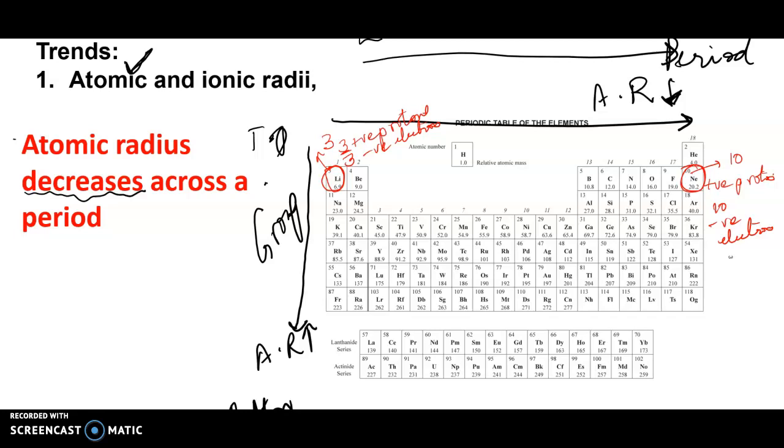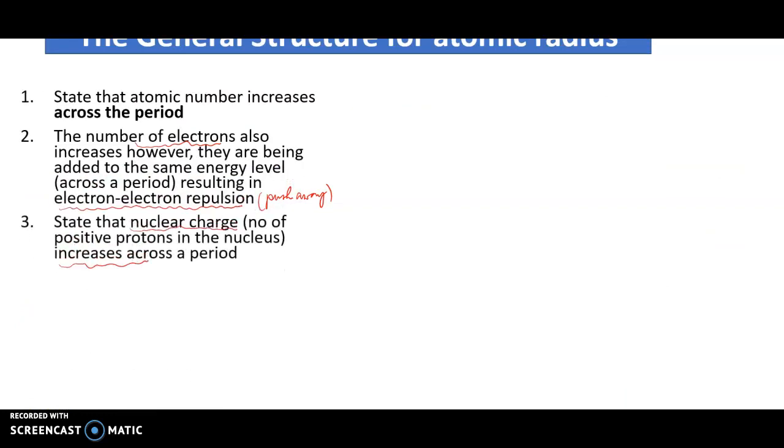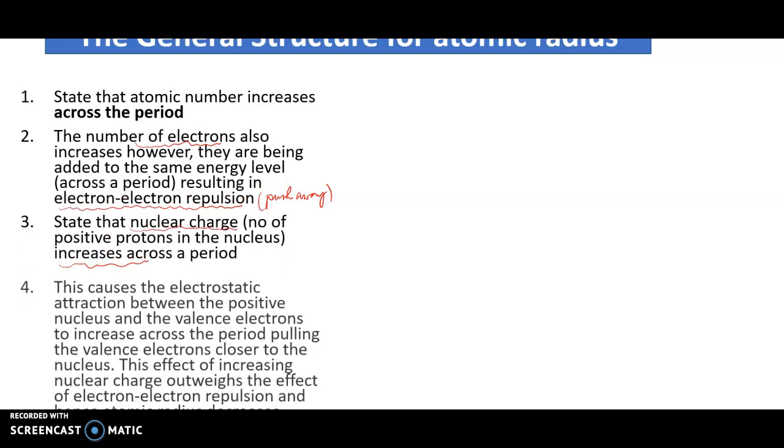Now you also have the number of electrons increasing from 3 to 10. And so as you add more electrons, the important thing to remember is that they're being added into the same energy levels. So that's our explanation for nuclear charge.